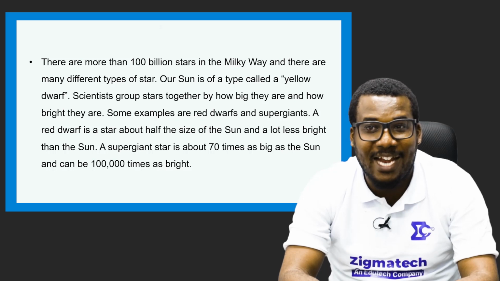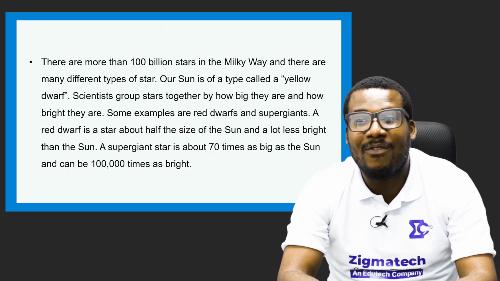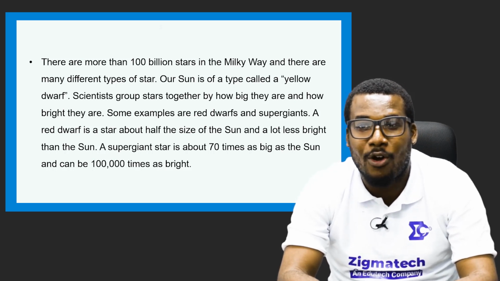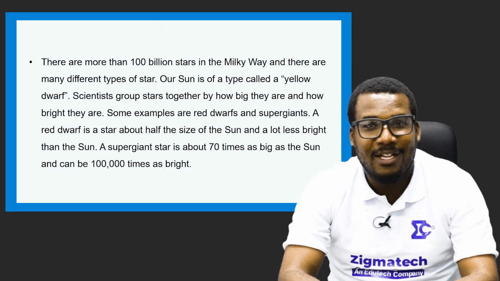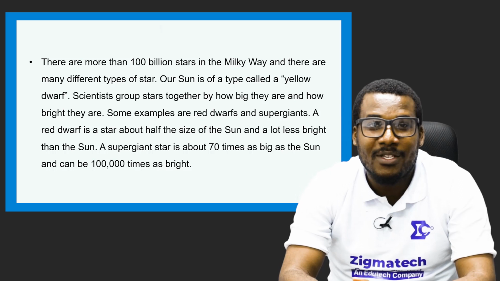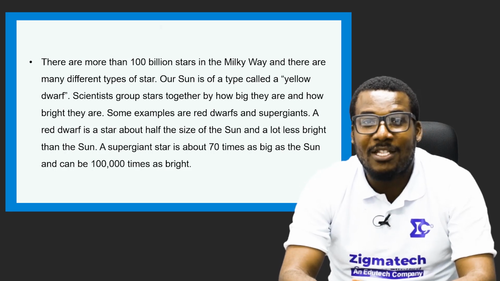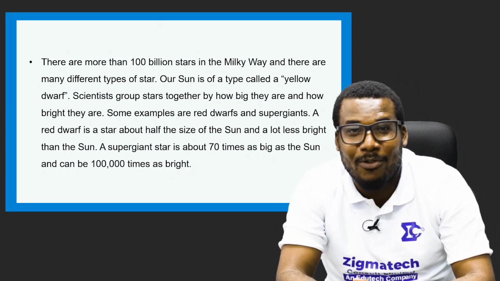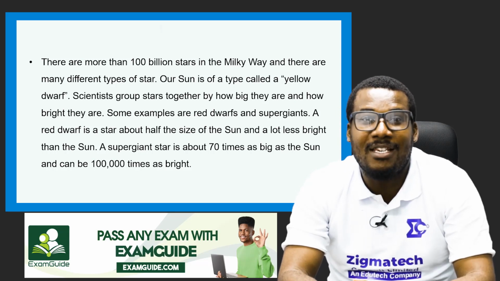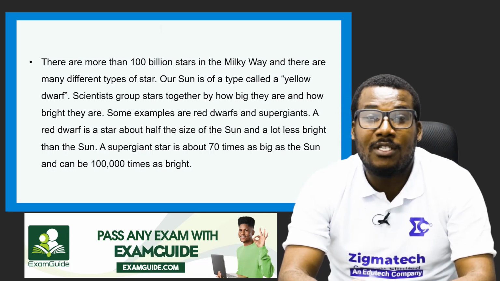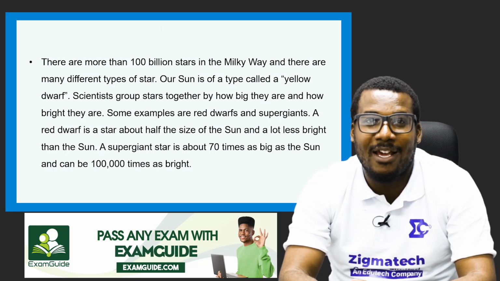But a supergiant star is about 7 times as big as the sun and can be 100,000 times brighter than our sun. Put that into some mathematical equation, and you find out that that star will be over 70 million times bigger than the Earth. Wow.